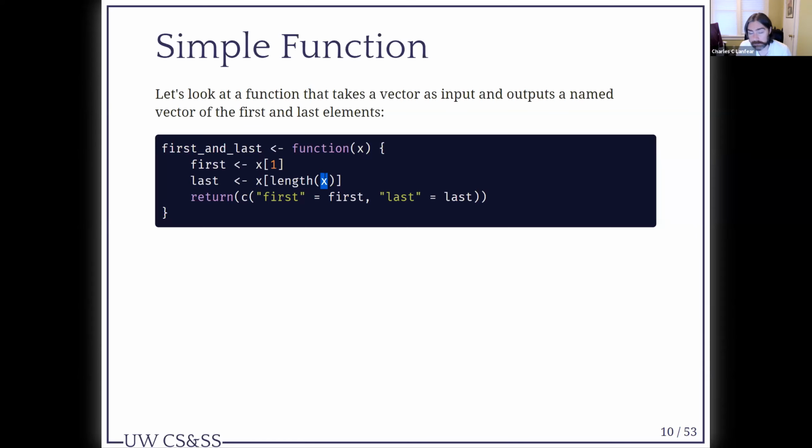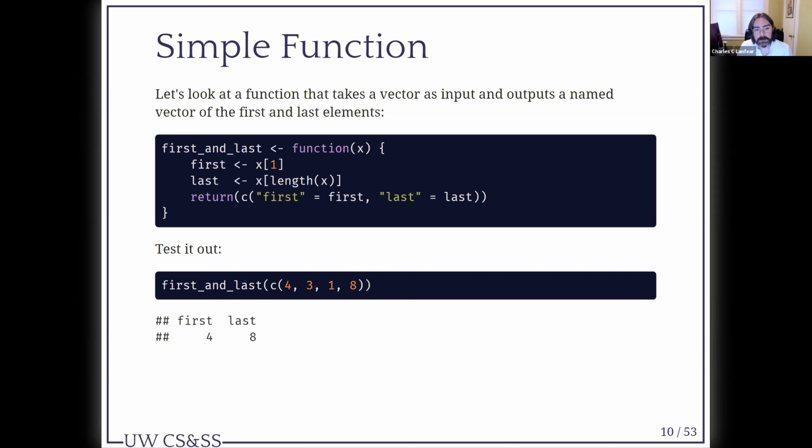We'll get lots of examples of this later. Then it's going to say the last object is x[length(x)]. This is a way to subset the last element of a vector. And then it does this thing here, return, combine, first equals the first thing, last equals the last. Okay, we'll see how this works.